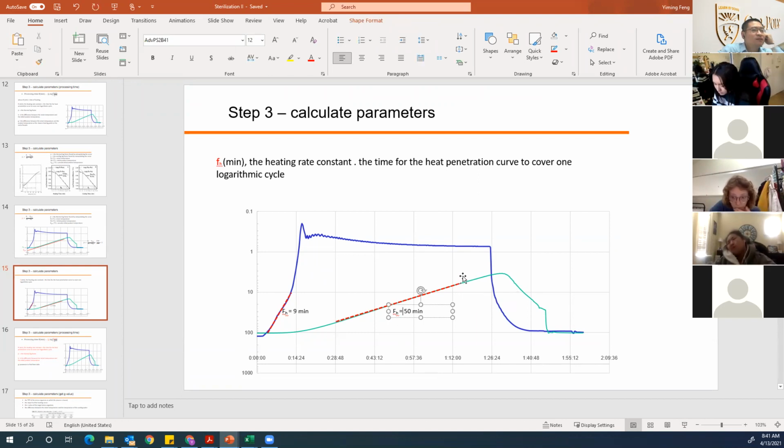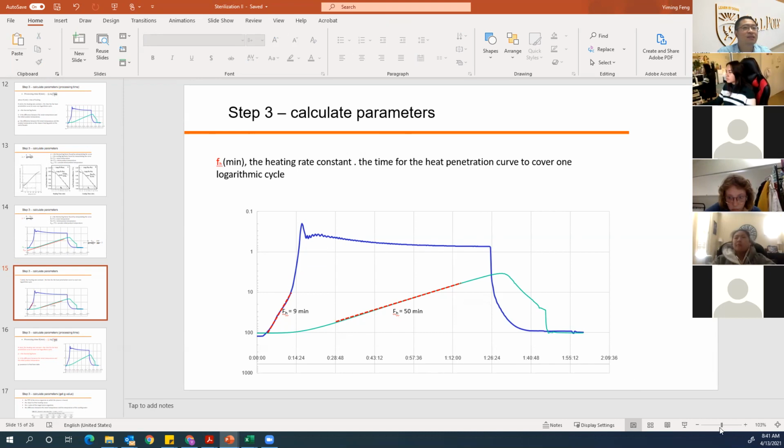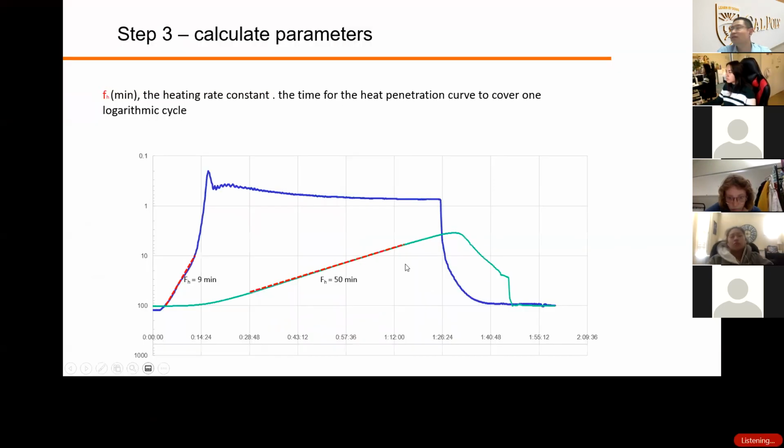So we reduced the temperature difference by one log using about 50 minutes. This is what we call the heating rate constant. Any questions about how to find the FH value?